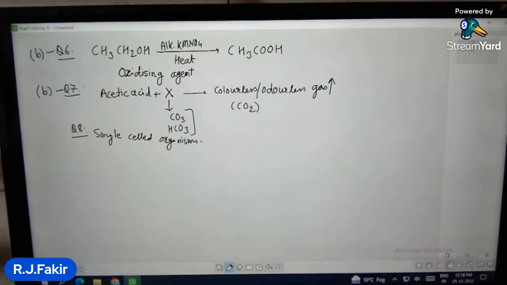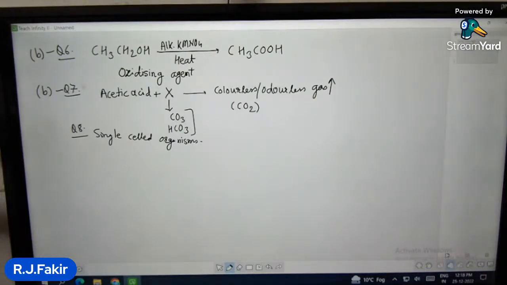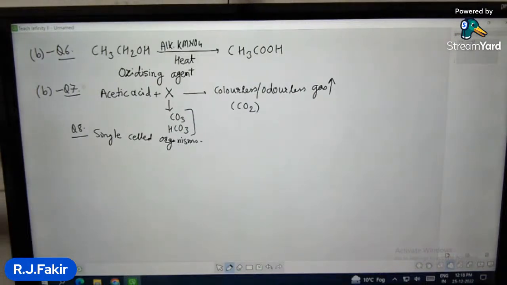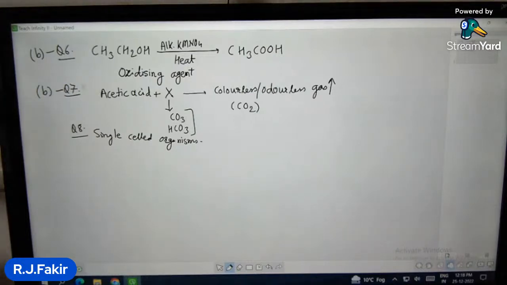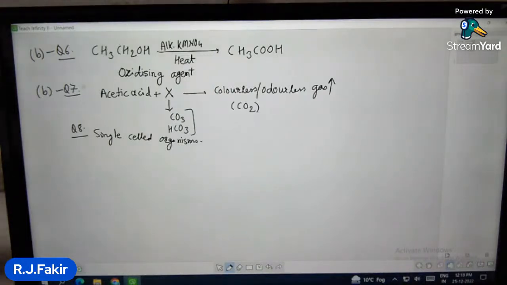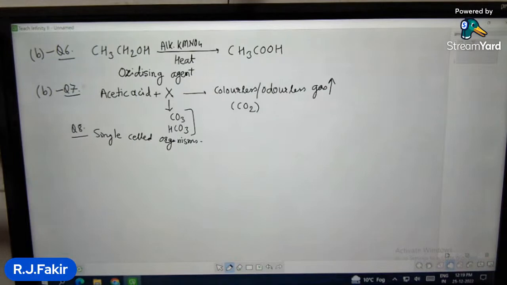And you have to choose the correct statements out of these four. The first is complex substances are not broken down into simpler substances. Simple diffusion is sufficient to meet the requirement of exchange of gases. Specialized tissues perform different functions in the organism. Entire surface of the organism is in contact with the environment for taking in food. So out of these four, we have to choose the correct statements.